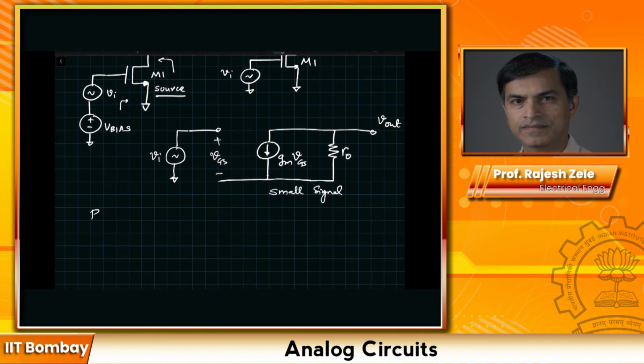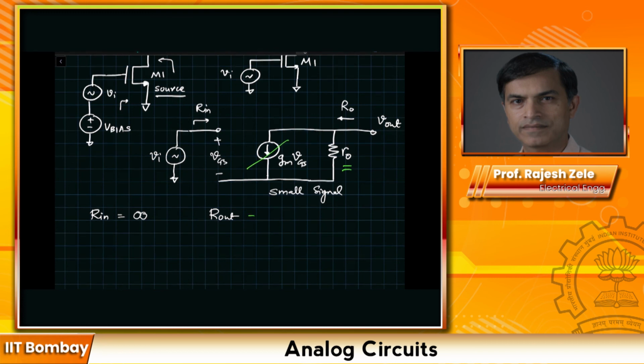What is Rin? Resistance looking into the gate, which would be equal to infinite. This should be obvious. And what is R out again? R out would be the resistance looking back into the amplifier. To calculate R out, over here we would set the input independent voltage source to 0, which will take away the gm VGS current source, and you will be only left with RO of the device.